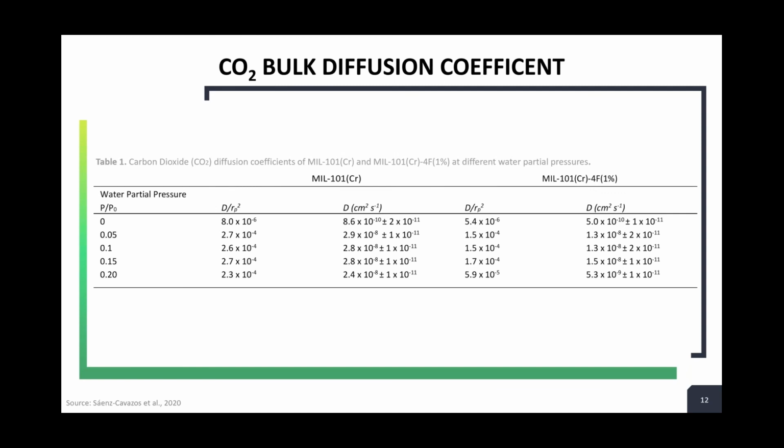Very interestingly, the decrease observed is more prominent on the fluorinated material, and this could also be related to the dramatic loss that we see in CO2 uptake in the modified material. However, the lowest diffusion coefficient for the fluorinated MIL-101 does not coincide with the partial pressure that has the highest CO2 uptake.